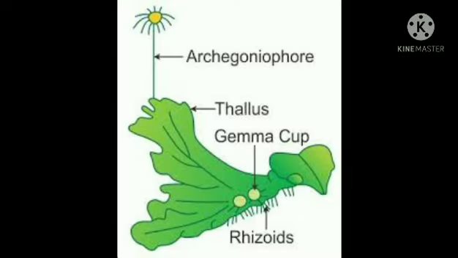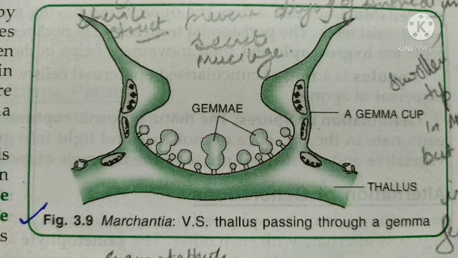Since you know, my dear student, the main dominant body in bryophyte is gametophyte, that is haploid body, and this gemma cup is also formed by mitosis, therefore it is also a haploid structure. The gemma buds ultimately germinate into new thallus when they are dispersed by water.